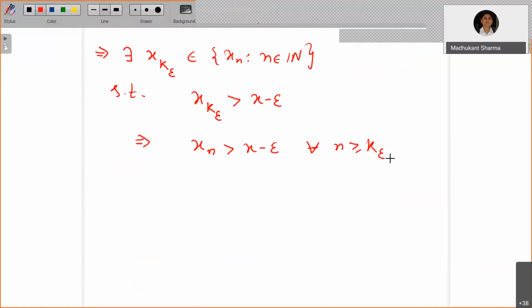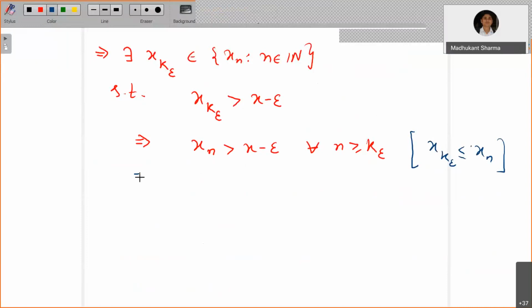Right, because since the sequence is monotonically increasing, xk(epsilon) is less than or equal to xn whenever n is greater than or equal to k(epsilon). You take any n bigger than that, it certainly holds.